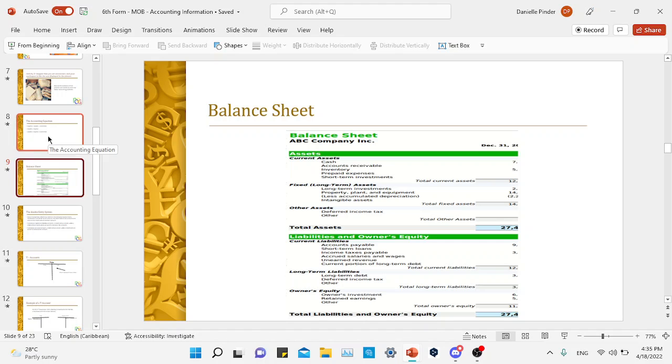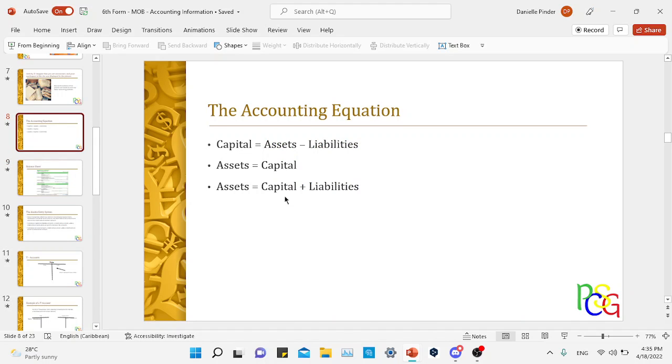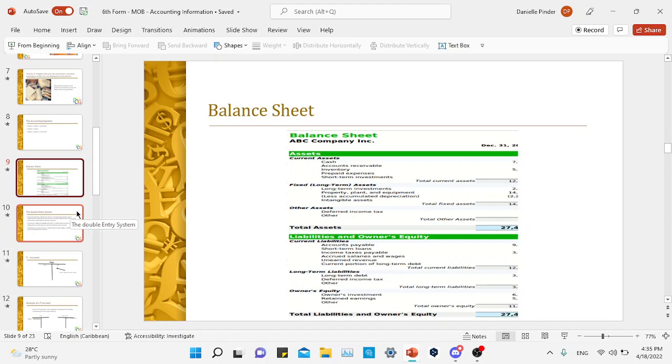And since your assets would also equal your capital plus liabilities, they're just referencing each other. Assets are your resources that you use to generate funds.